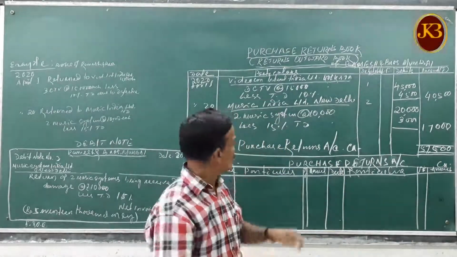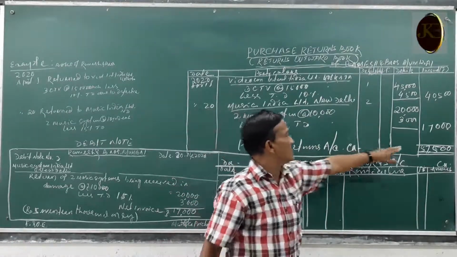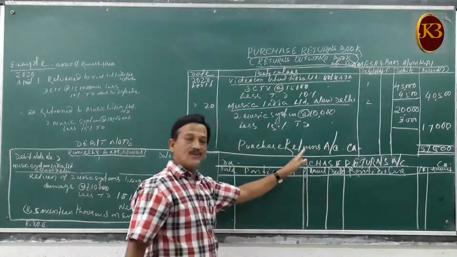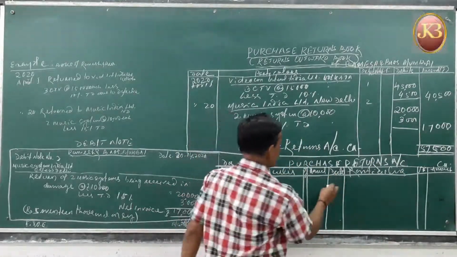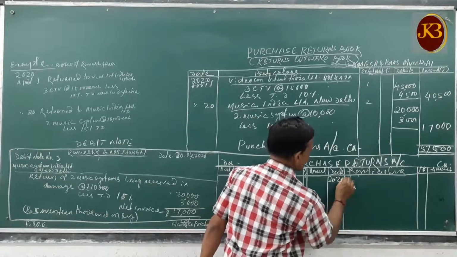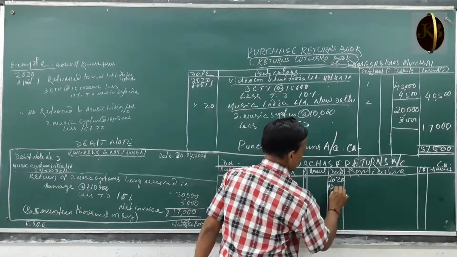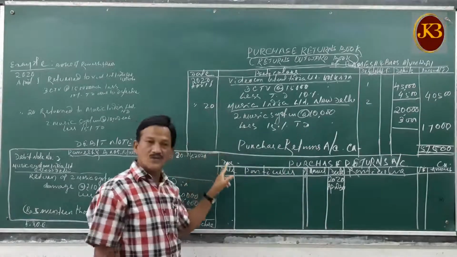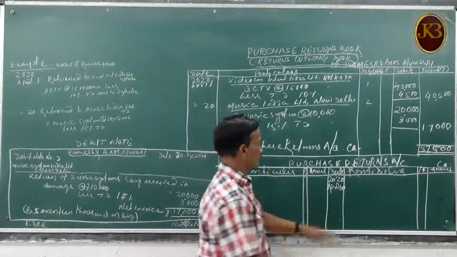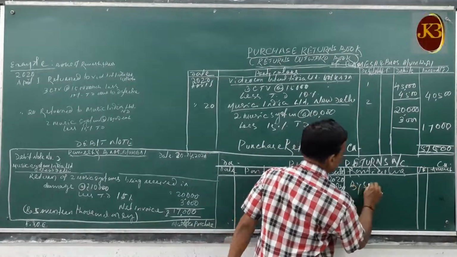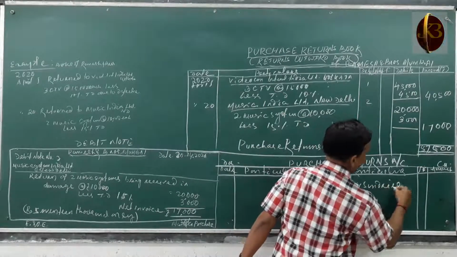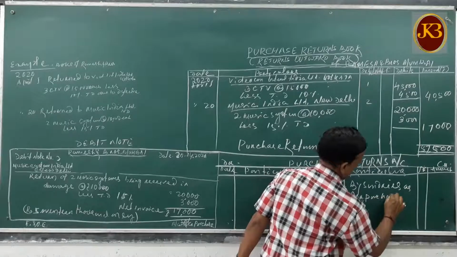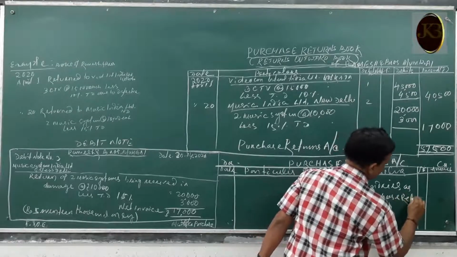Very easy process. Total purchase return account credited 57,500. So 57,500 credited means there is 2020 April 30, that is the last date closed. The books are closed on the last day, April 30. So that is by sundries as per purchase returns book.